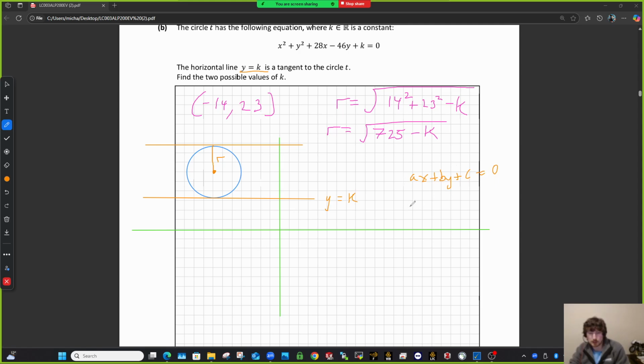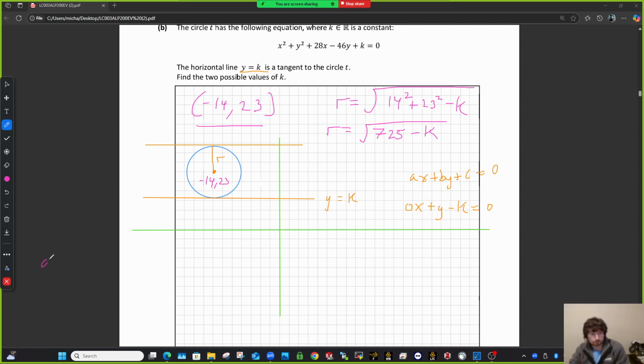So that will be something like 0x plus y minus k equals 0. And the point that we're getting the distance to is the center here. So I can mark that in the diagram. It's good to update your diagram with info.